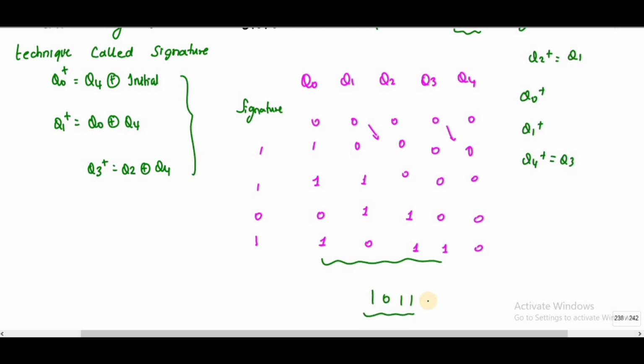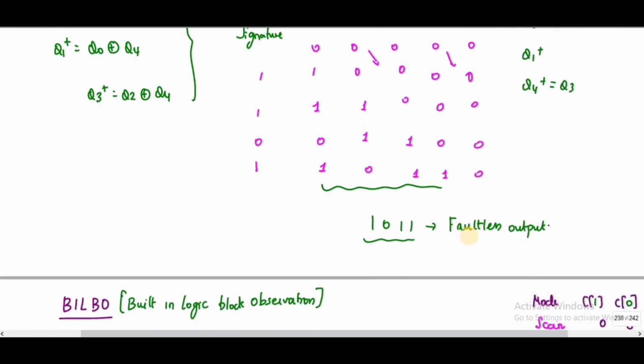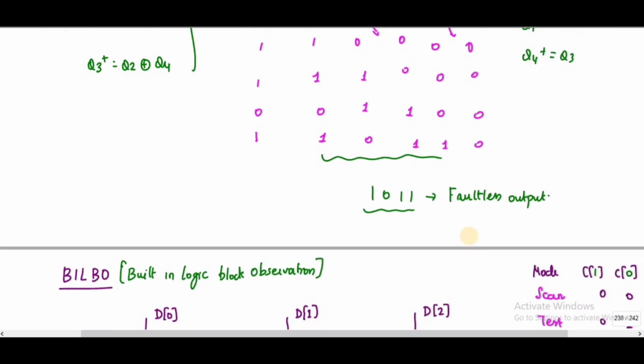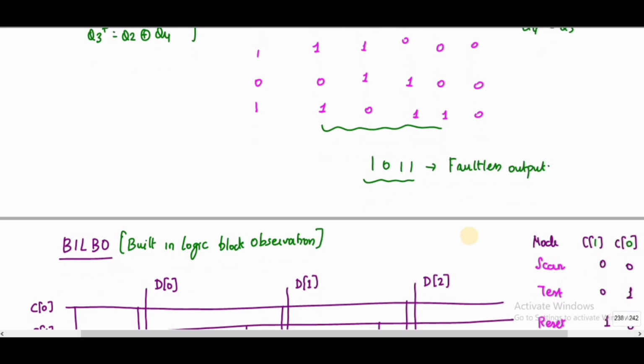So if this is the case, I can tell it is a faultless output, because the signature and the reference signature are the same, so there is no error in this mode.